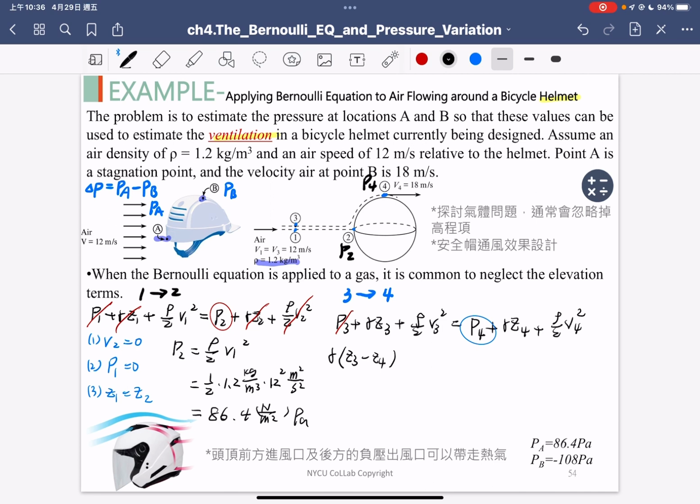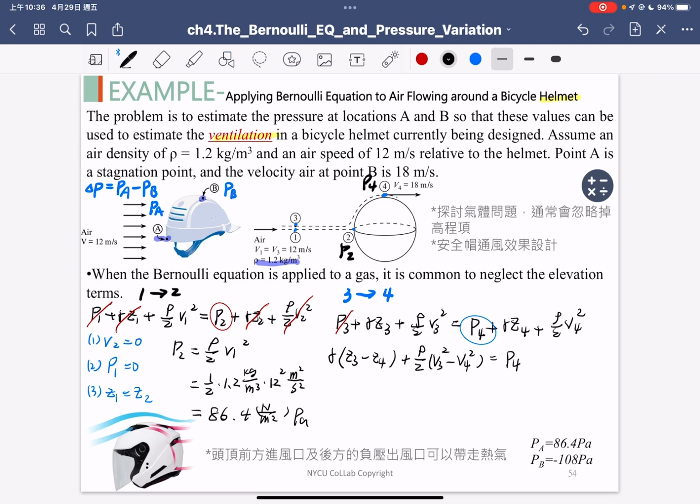We just move the Z4 to the left hand side, plus 1/2 rho times V3 squared minus V4 squared, and then equal to the P4, right? So our purpose is the P4.